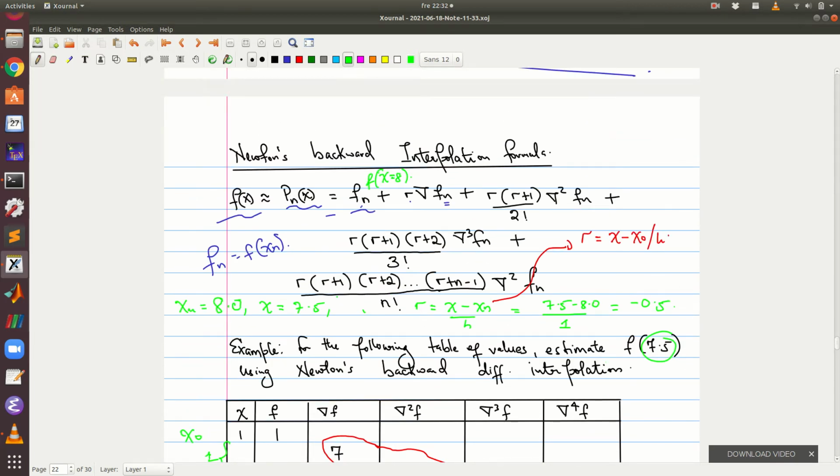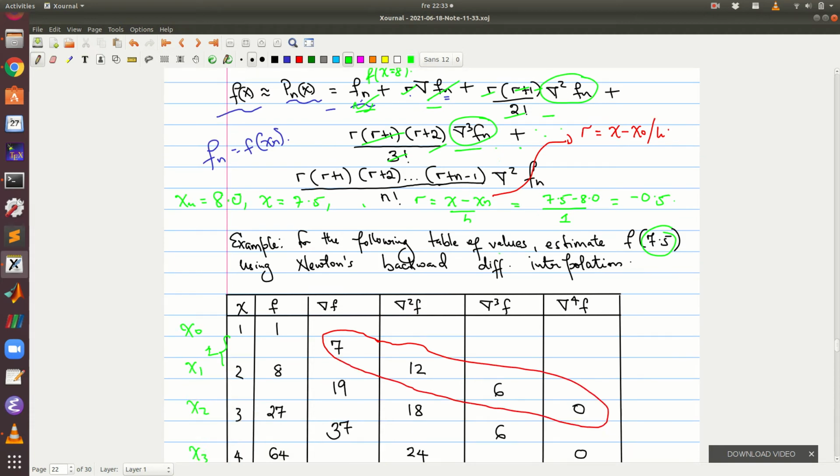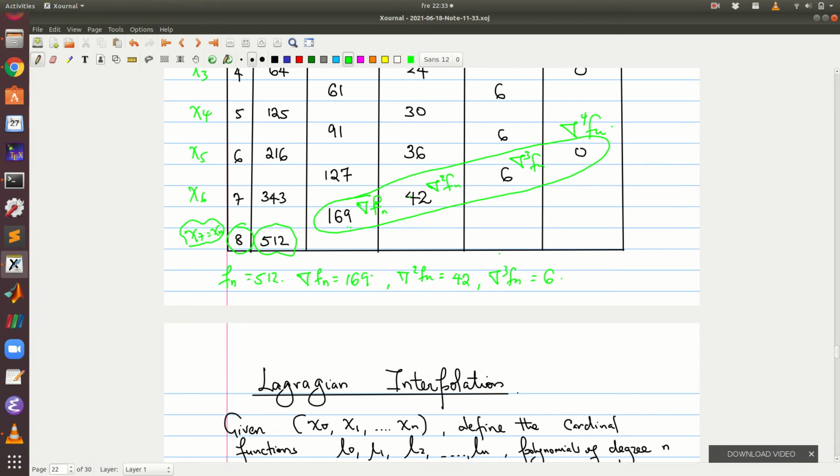So when we come back here, we know r, we know the first backward difference, we know the second, we know everything in here, and if we wanted to go up to the fourth one it is 0, so we are simply using these first three, and the rest is just substituting like we have done in the previous examples.